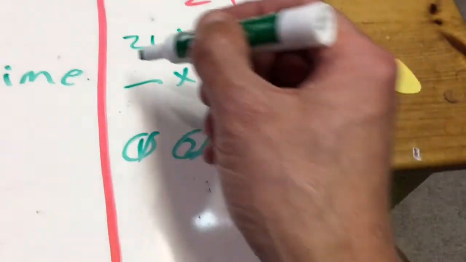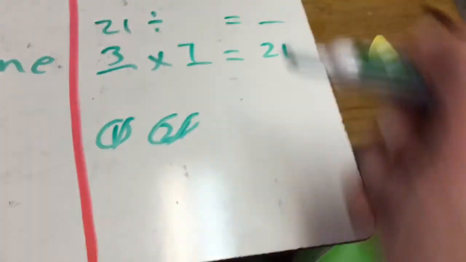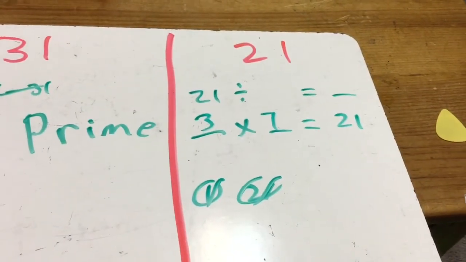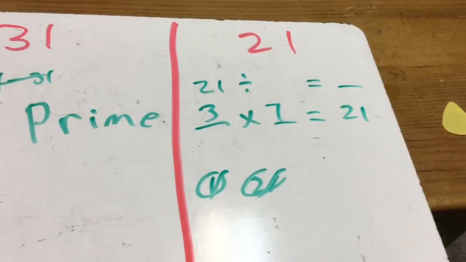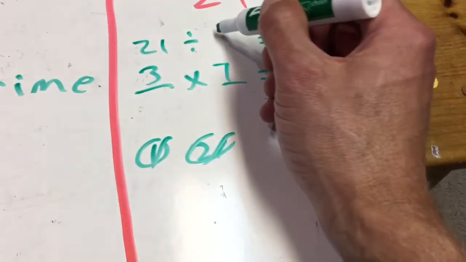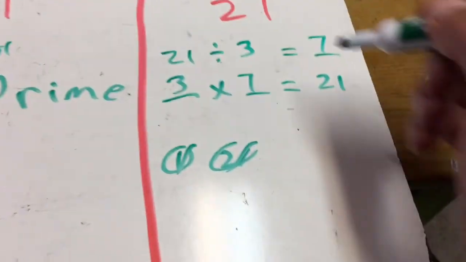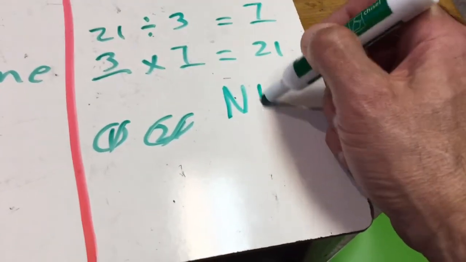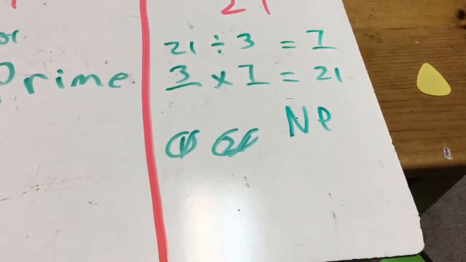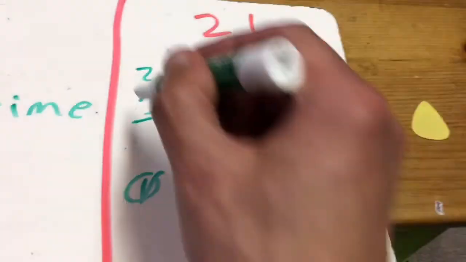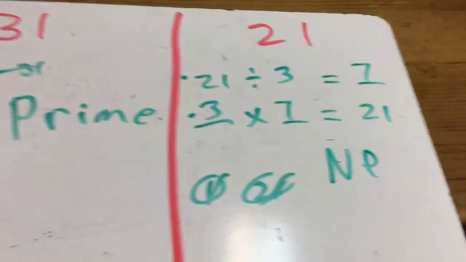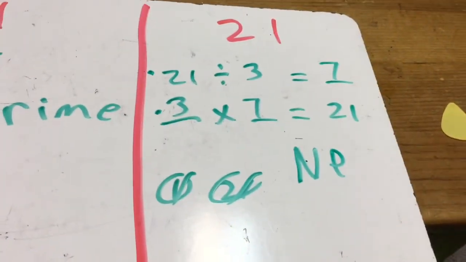Hey, isn't 3 times 7 21? Yes, it is. So then 21 divided by 3 would be 7, and that's my proof. It's not prime. So write your NP, and my proof is one of these sentences. Okay? That's my proof it's not prime.